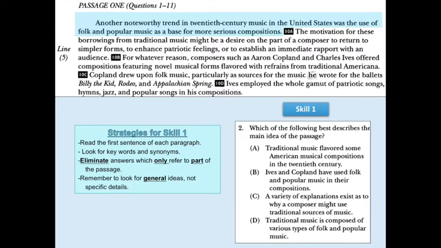It's focused on how traditional music was used as a base for serious compositions in 20th century music. So A, traditional music flavored some American musical compositions in the 20th century. This is the best answer because it fits with the first sentence.